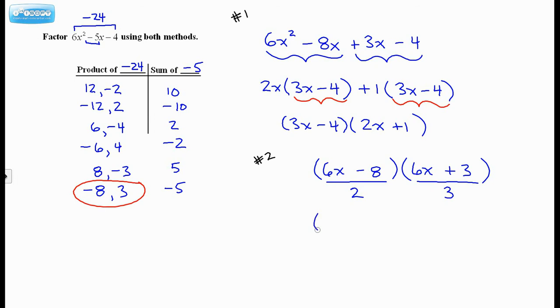So dividing each term in here by 2 gives 3x minus 4. And dividing each term in here by 3 gives 2x plus 1, which of course matches this. So choose whichever method you like. I leave that up to you.